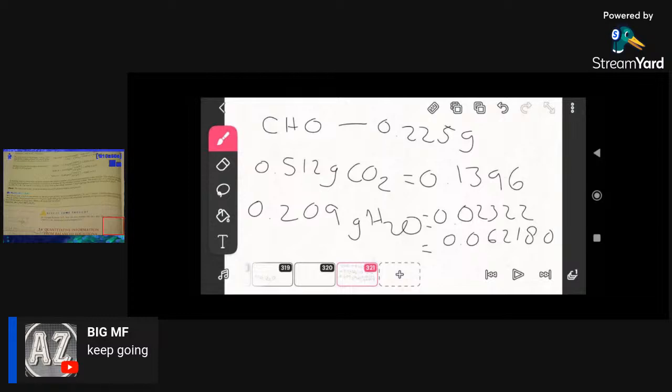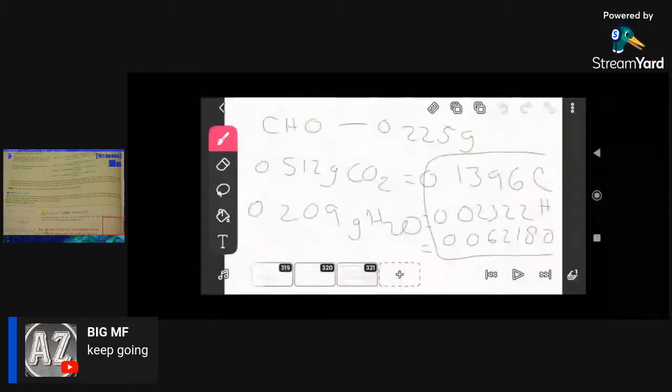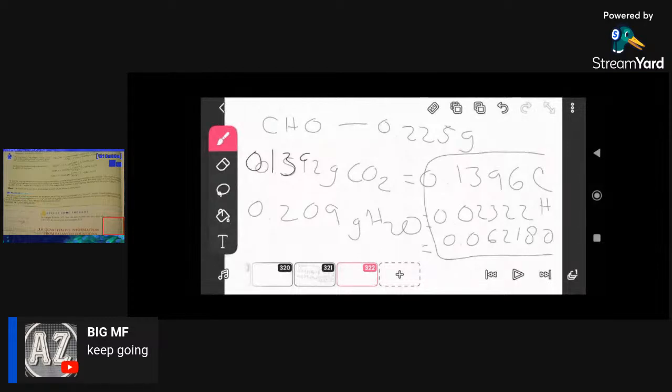So we got oxygen, hydrogen, and carbon. You see that, guys? So now we're going to take this side of the equation: 0.1396, 0.02322, 0.06218.